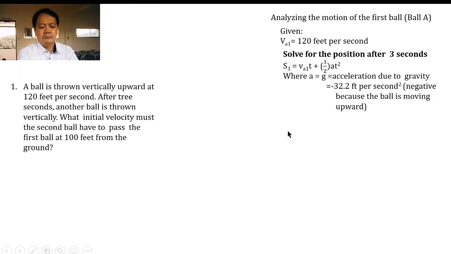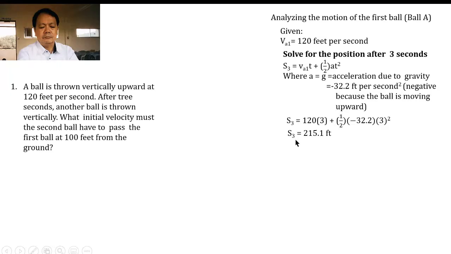So if we substitute that in the formula, the distance that we are getting will be 120 multiplied by 3 plus 1/2 times negative 32.2 times 3 squared. And that S sub 3 will be 215.1 feet.